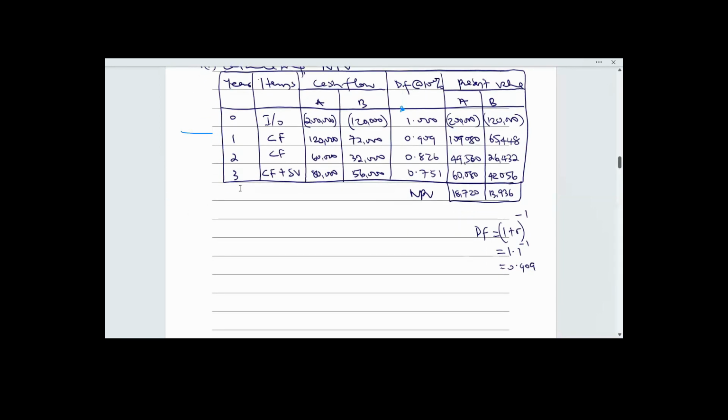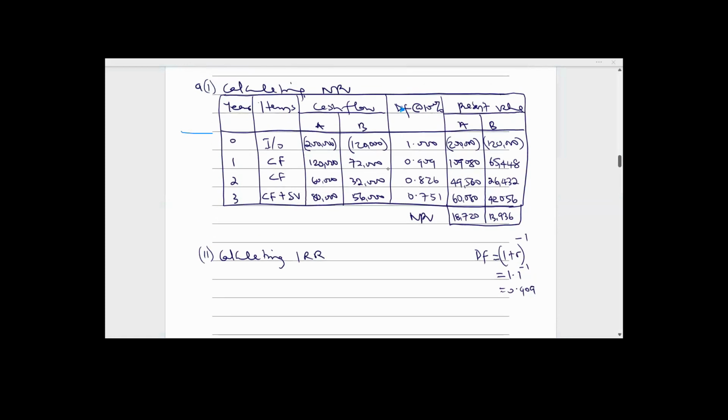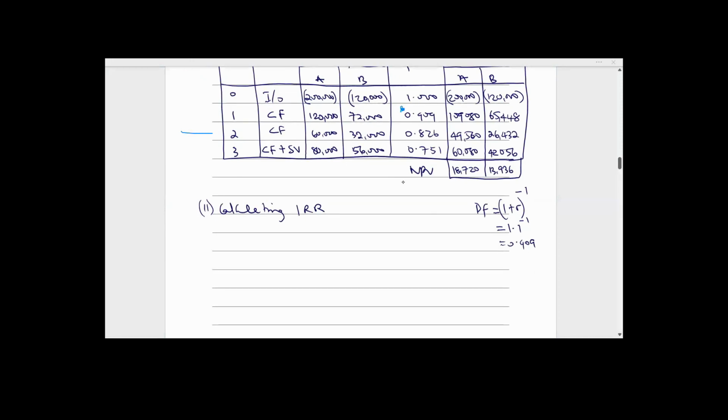So requirement number 2 now. Calculating internal rate of return. Based on my explanation with you last time, I told you that when calculating internal rate of return, there are 3 procedures you must carry out.